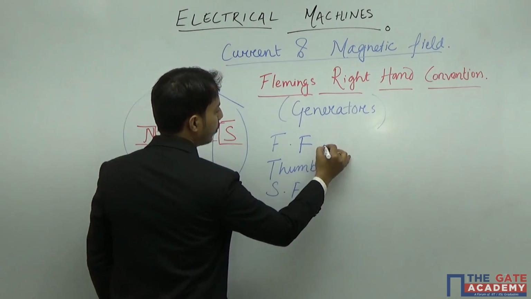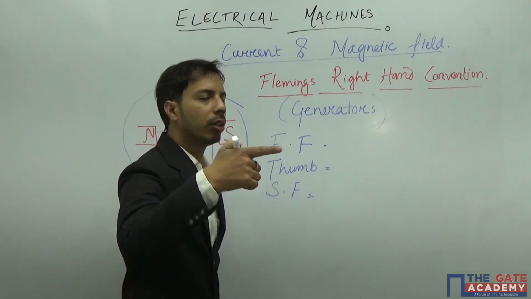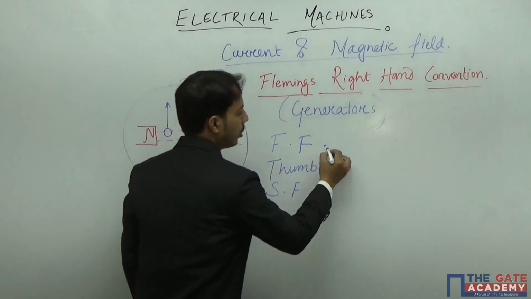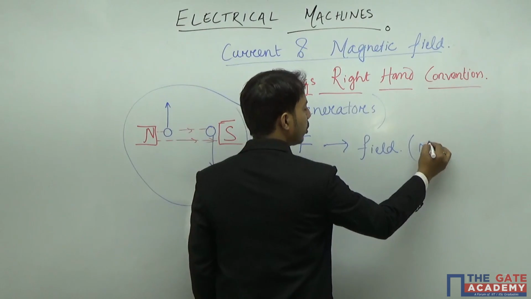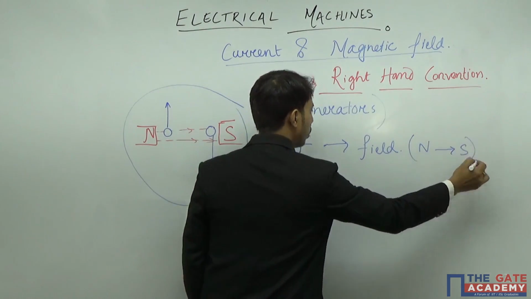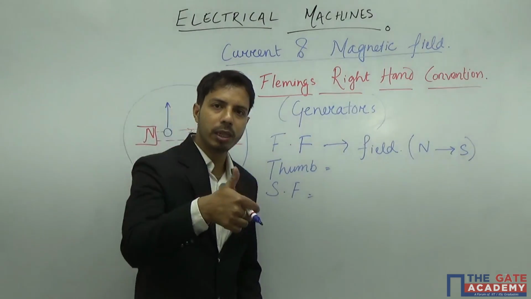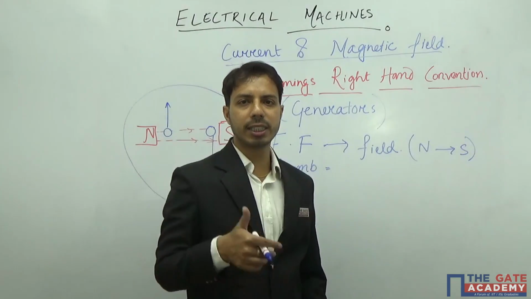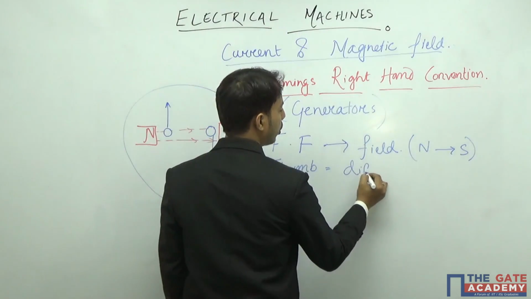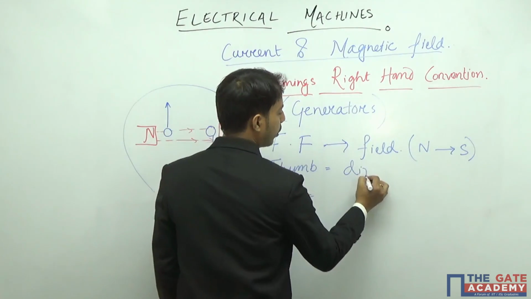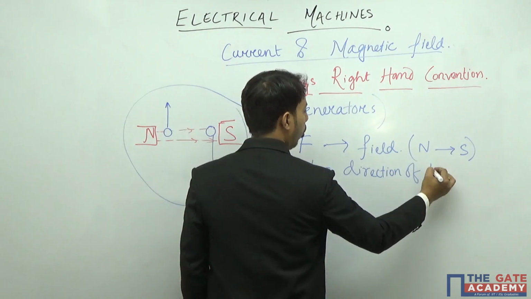The direction of my forefinger will be the direction of my field, from north to south. The thumb represents the direction of the force or torque.